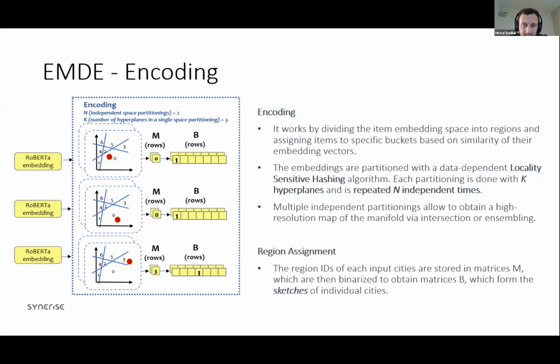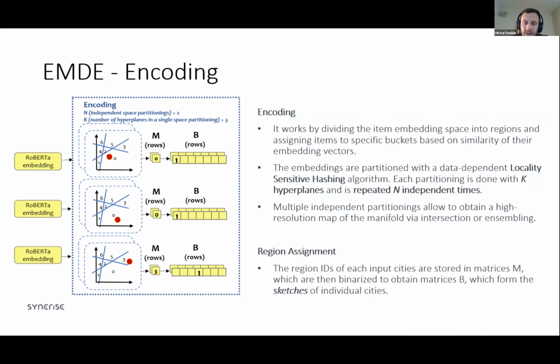And the purpose of manifold partitioning follows the logic of locality-sensitive hashing. So similar data points should be mapped to the same region. After that, we assign each cited paper to a specific bucket. For example, the first and the second papers are assigned to the 0 bucket, and the third node embedding is assigned to the third bucket on this picture.